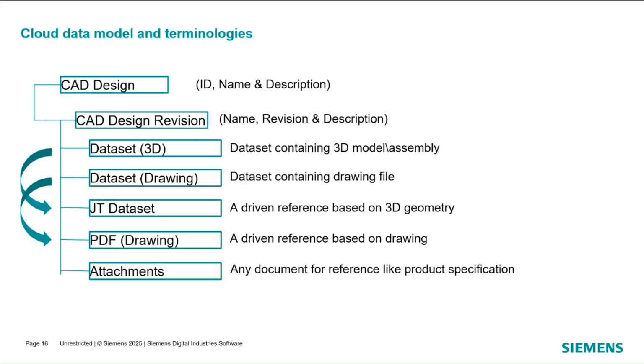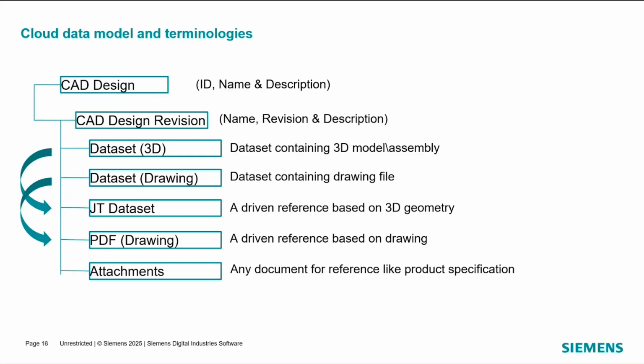So CAD design will have its own name and description, which is represented by a unique ID, using which you can also search in the database against that specific CAD design. Under each CAD design, that is the item ID, you have the CAD design revision. Again, that can also have its own name, and it also has the revision. You can also provide the revision as well as the description info.